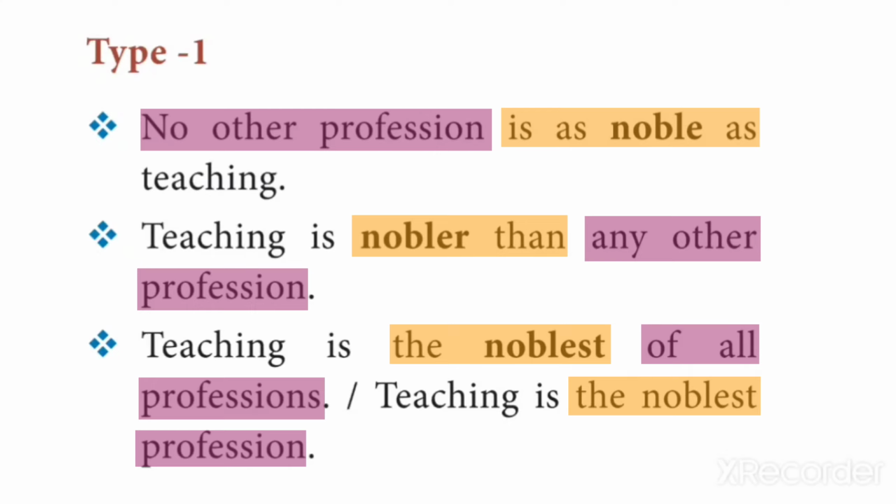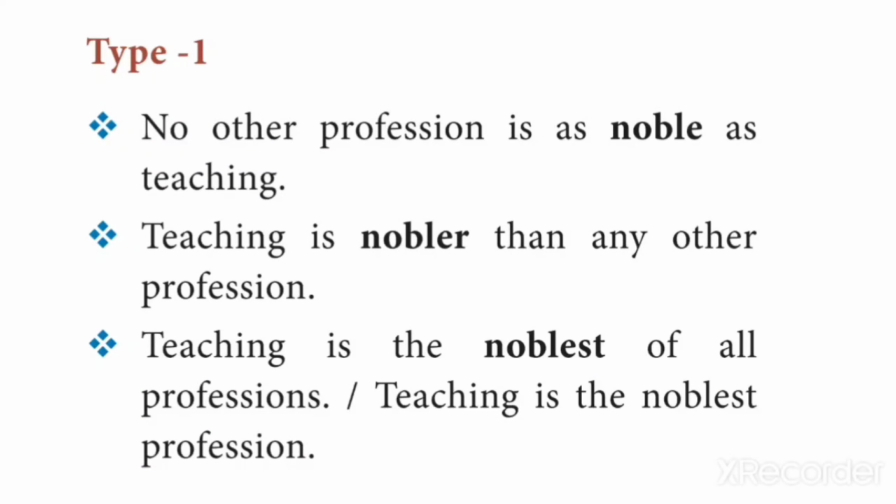The same thing here is said using another example. See that teaching is the noblest profession. Here the word profession is singular, which immediately follows the superlative degree adjective that is preceded by the definite article the. This is type 1 according to your textbook. We are just revising what we learned in our earlier classes. We are recalling that, so moving on to type 2.